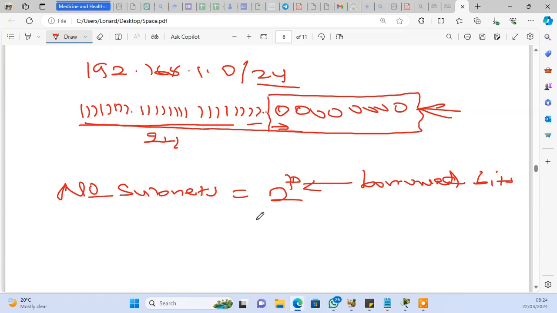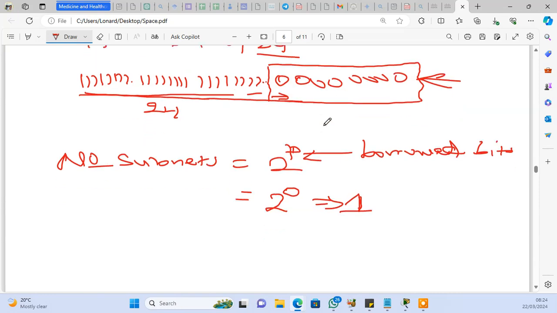So the borrowed bits is 2 power 0, because there is none, and this gives us 1. Remember, the 1 here is not a bit, but the number of subnets. So this subnet mask supports only one network address.